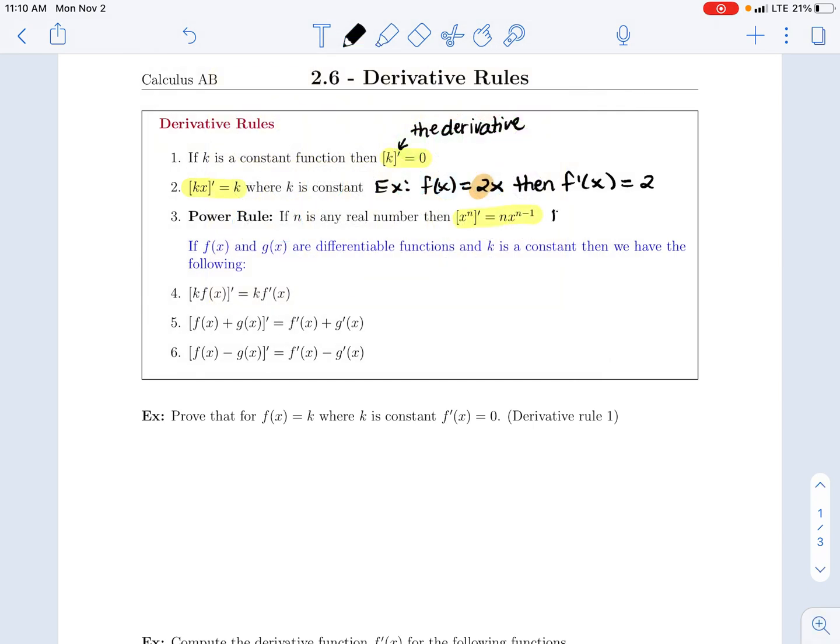An example would be if you have f of x equals x squared, then the derivative is just going to be 2x, because I brought down the 2 in front, and the exponent is really just 2 minus 1, so my derivative here is just 2x.